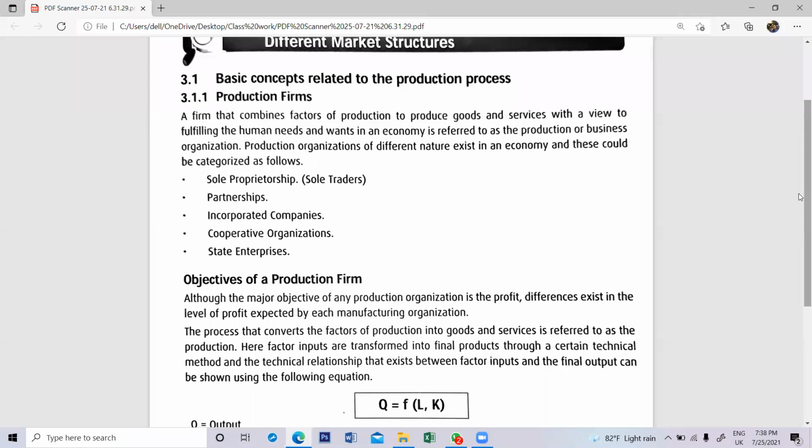Of course, private sector means individuals or groups of individuals who use factors of production in order to make goods and services for the purpose of profit.